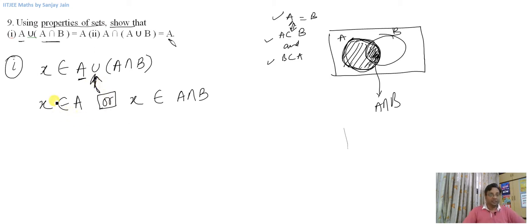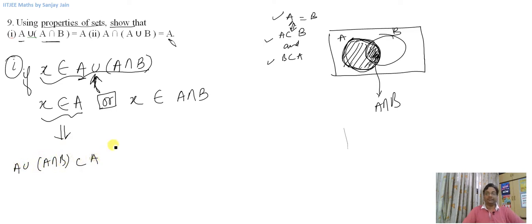Now see, if X belongs to A, then we can say that A union A intersection B is a subset of A.